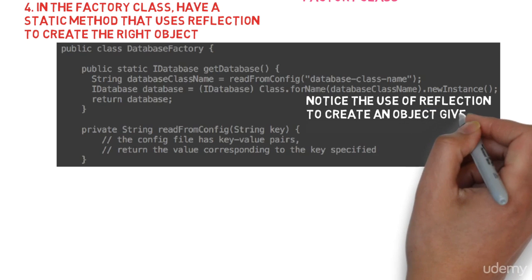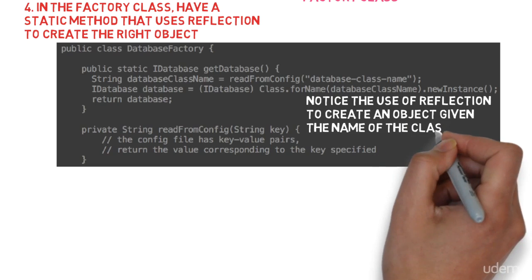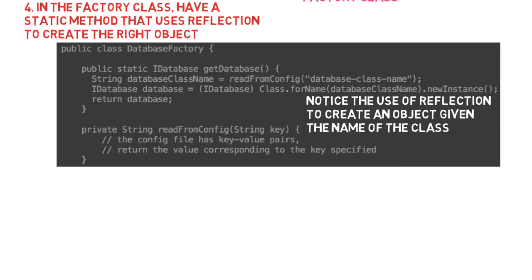The first thing to note is that we use reflection to instantiate the correct database after reading what database we want to instantiate from a config file. So the very first line reads from config. We want to know the value associated with database-class-name. That is the key.